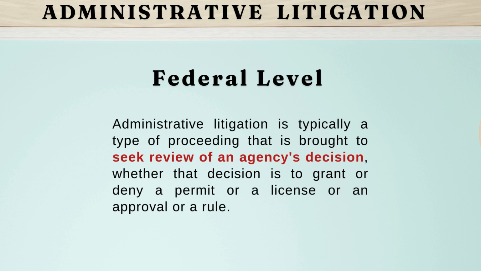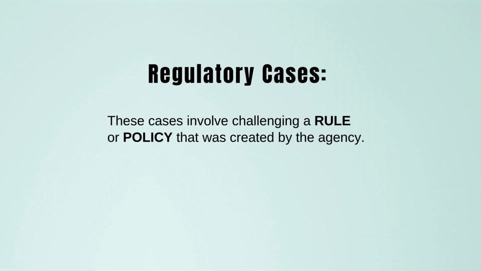Administrative litigation is typically a type of proceeding that is brought to seek review of an agency's decision, whether that decision is to grant or deny a permit or a license or an approval or a rule. There are regulatory cases.